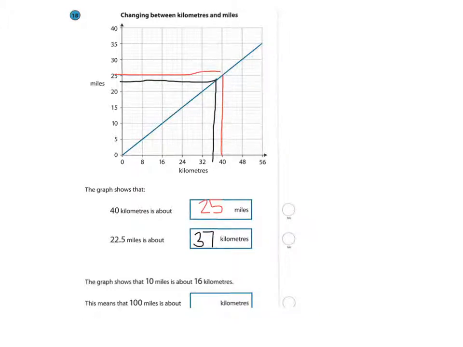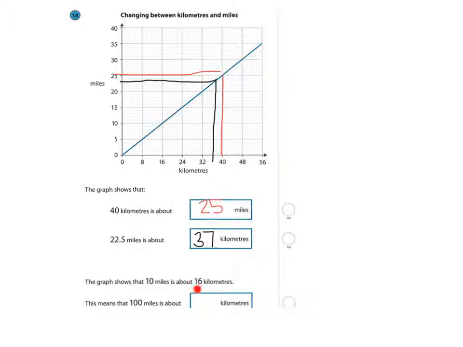The next part of the question is, the graph shows that 10 miles is about 16 kilometres. This means that 100 miles is about something kilometres. If we have a little look here at the links, I can see that 100 miles is 10 times bigger than 10 miles.